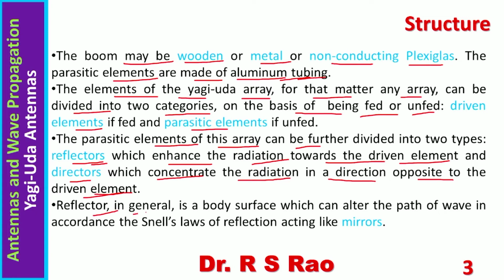A reflector in general is a body surface which can alter the path of a wave in accordance with Snell's laws of reflection. They act like mirrors. Reflectors are mirrors.